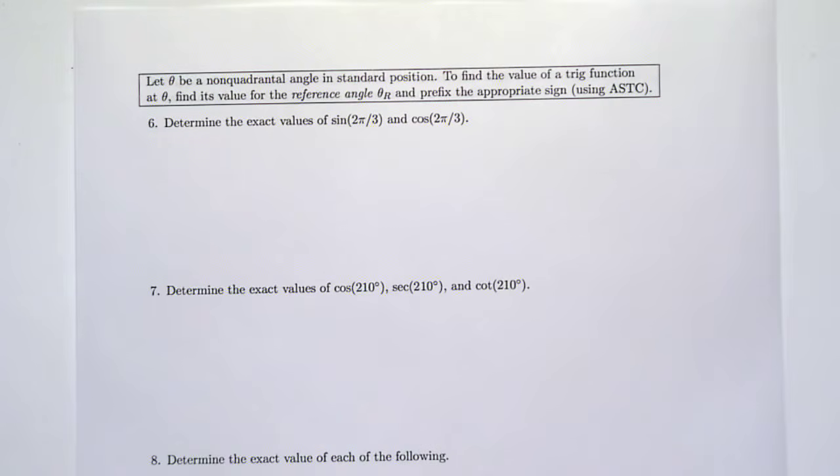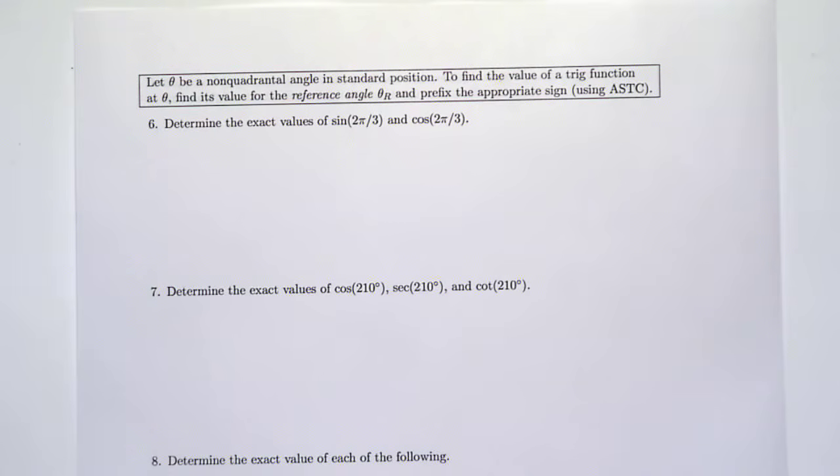All right, so my little note says, let theta be a non-quadrantial angle, so not on the x or y axis, in standard position. Find the value of a trig function at theta. Find its reference value for the angle, so our reference angle, and then prefix with the appropriate sign using all students take calculus. Sounds like a lot, but there's a little method to this process.